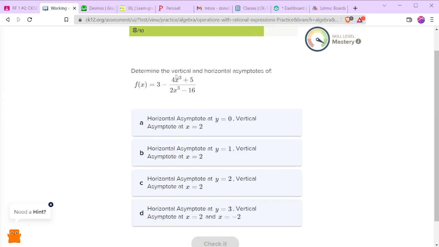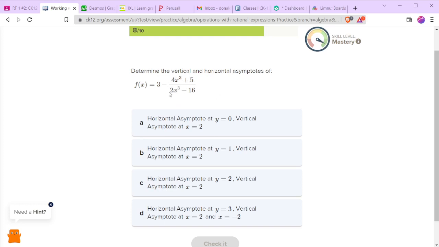So here we want to find the vertical and horizontal asymptotes of this function. So again, we can graph it. For the horizontal ones, notice that the degrees are equal. So as x gets very, very large, the plus 5 and the minus 16 don't really matter.